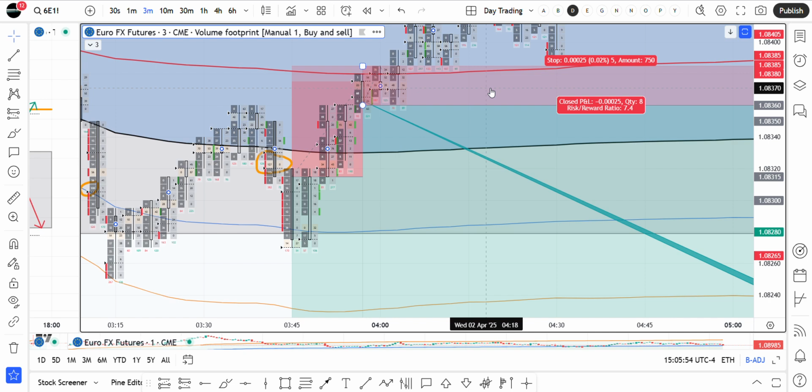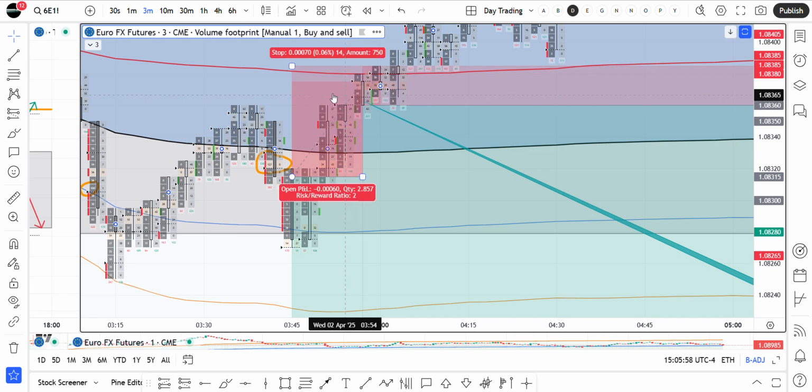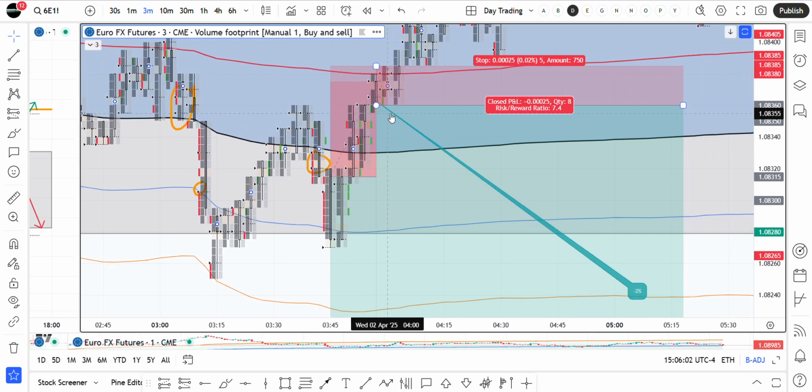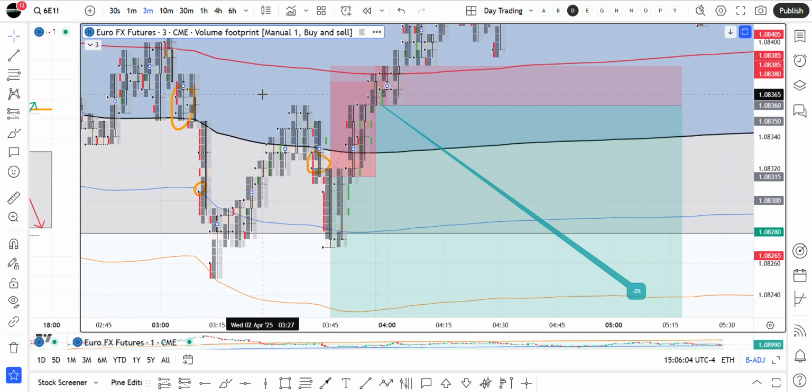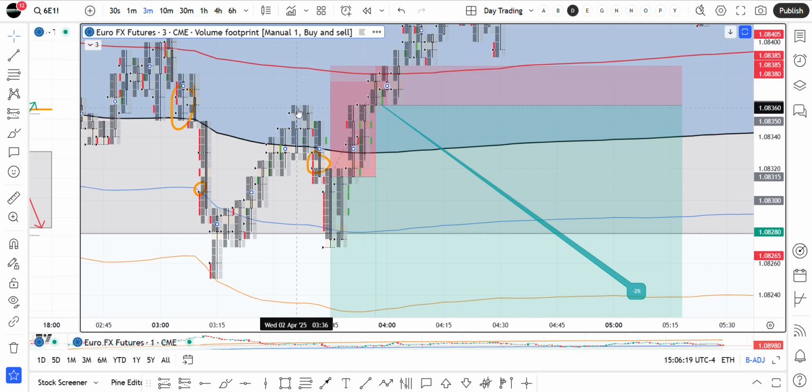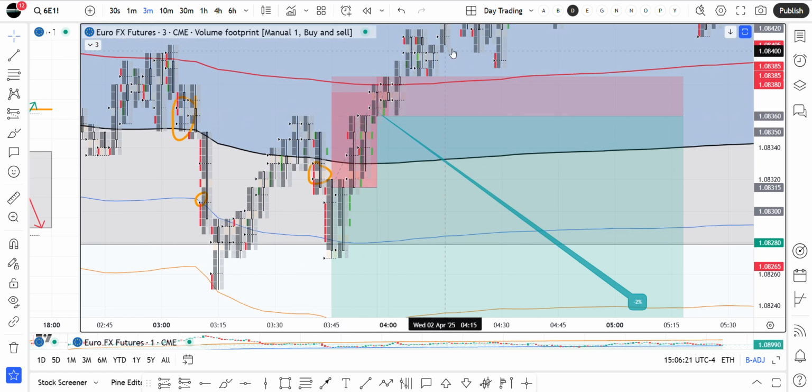This one, 1 to 7. That's adding to my losing trade. Terrible idea. I had 1.3% on this trade, and then I added another 0.7, making it a 2% loss just because I added to it.